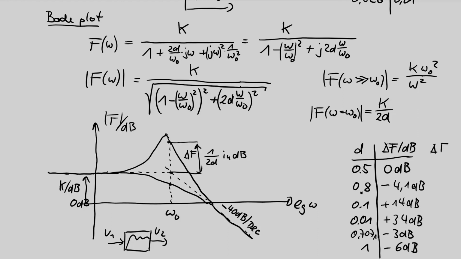Delta f, note, not in dB. This is 1, and this is factor 50, and this is factor 5. That means that with small damping, the output amplitude could be 50 times larger than the input amplitude, because of the resonant effect.